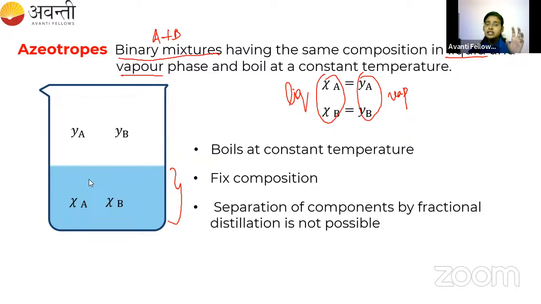You cannot separate the vapor phase component from the liquid phase component. Fractional distillation is a method in which we can separate two liquids, so that is not possible. Separation is not possible for an azeotropic mixture. And the last thing is they behave as a pure liquid. That's why we are not able to separate them. So you have to keep all these four points in your mind regarding the azeotropes.